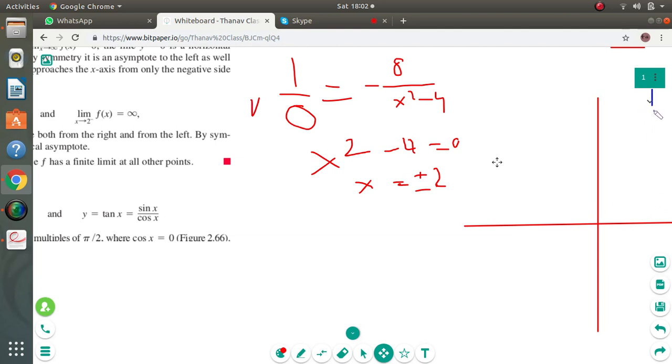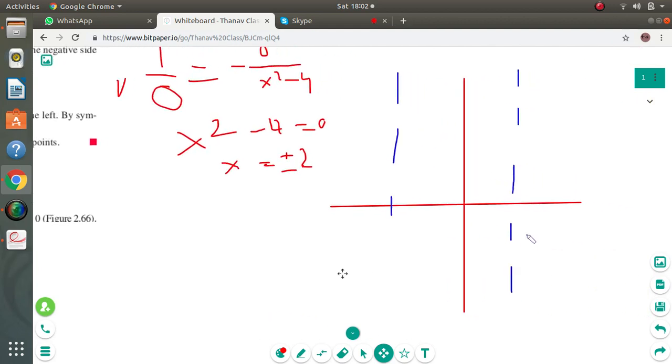This is the axis. Now we have 2 and minus 2. How do you get the answer, how you can draw it, is it just by substituting values?